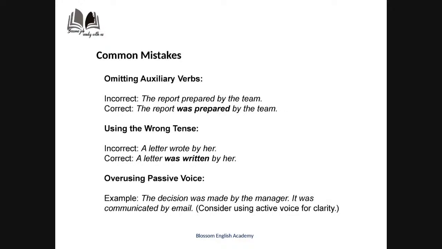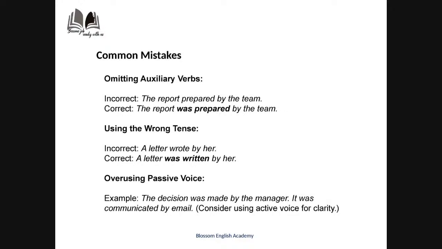How can it perform an action? So the report prepared doesn't make sense. By the team means the action was done by the team. So it makes sense in the second half that it is a passive voice, but in the first half of the sentence, it looks like active voice, right?